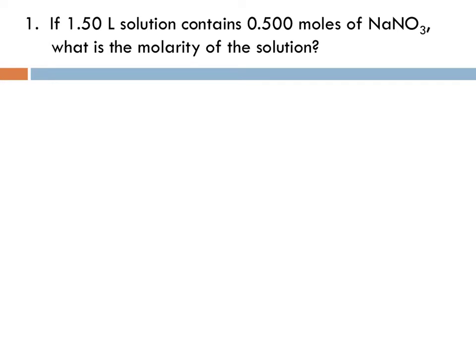So if we have 1.50 liters of solution that contains 0.500 moles of sodium nitrate, we can calculate the molarity of the solution. Molarity equals moles over our volume in liters.